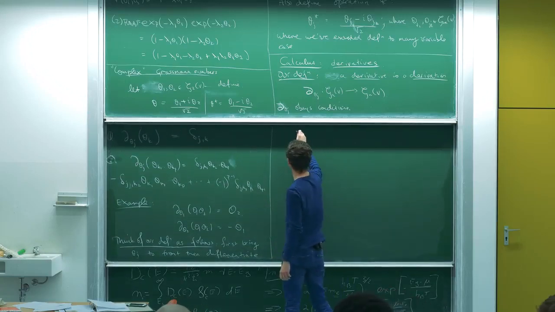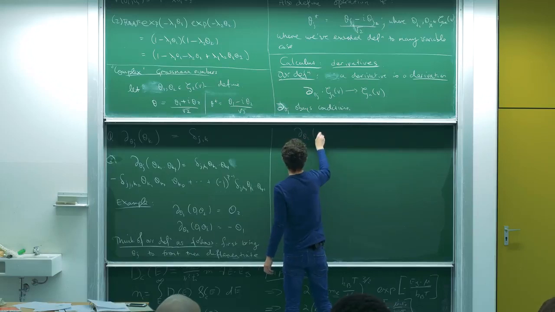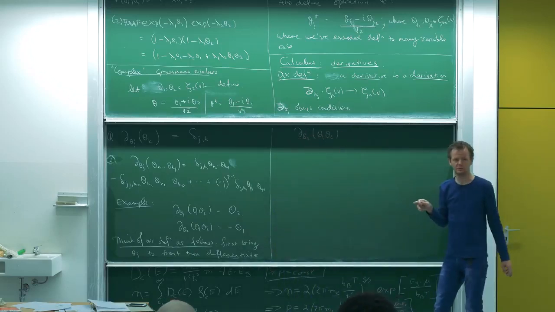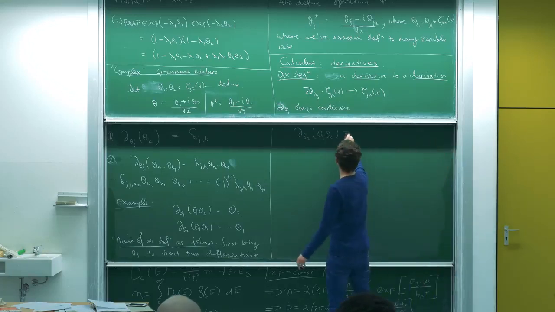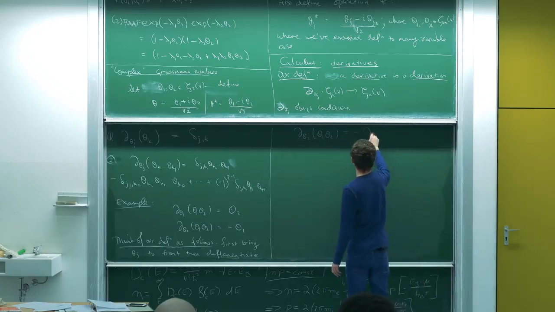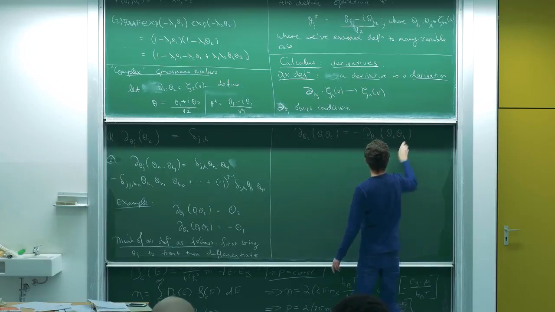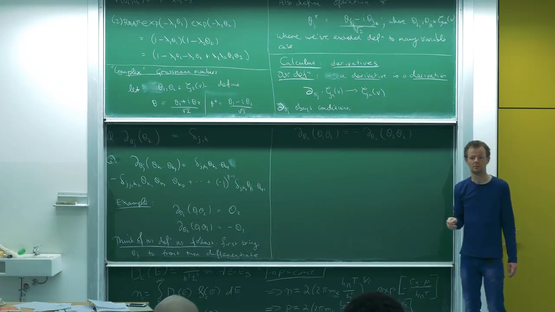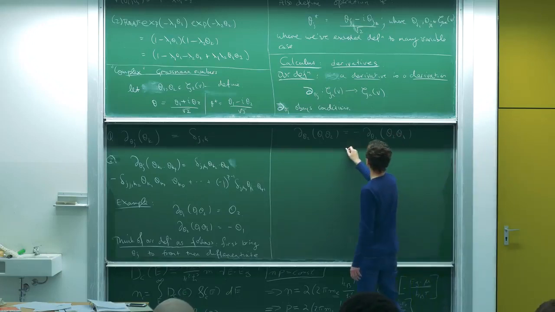So in terms of our example, d theta 2 of theta 1, theta 2 should be the same as, well, it's got to be a linear operator, so it's going to be the same as minus d theta 2 of theta 2, theta 1. And then, well, it's at the front, so we differentiate as normal.